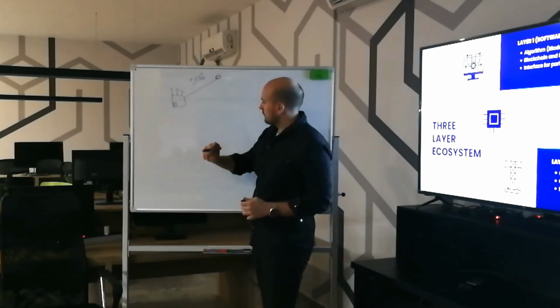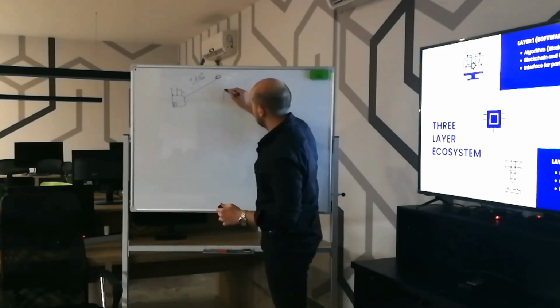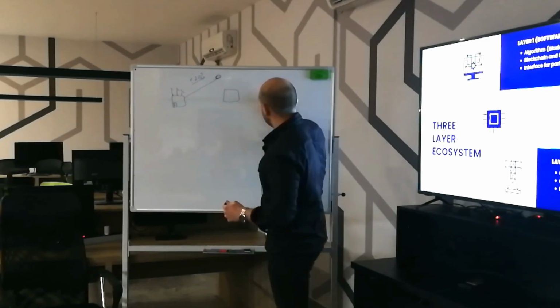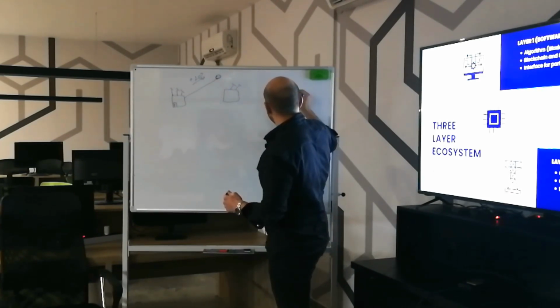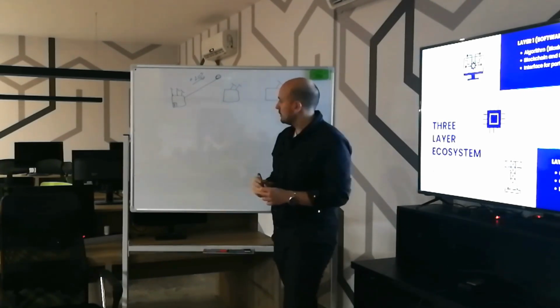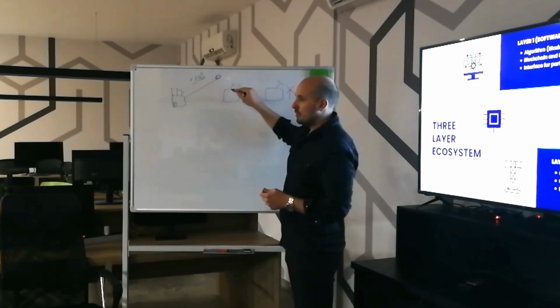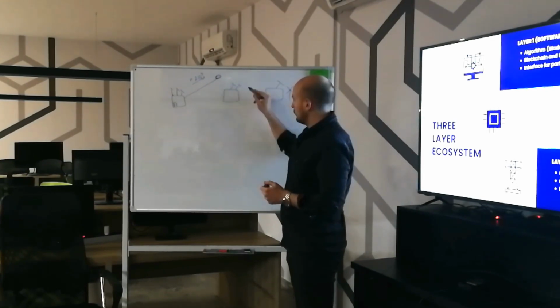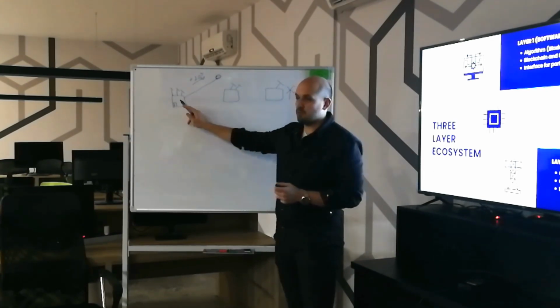But what if we connect another household and another one, where this one has 2 solar panels, this one has 1 solar panel and 1 wind generator. If they all rely on themselves, they're going to have the same problem as this one.